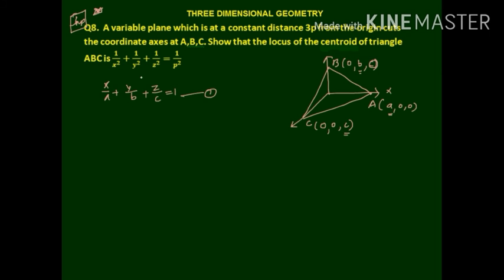Okay, now if we have the vertices as this, what is the coordinate of the centroid of the triangle ABC? It will be this plus this by 3, that is nothing but a/3, another will be b/3 and c/3, right?